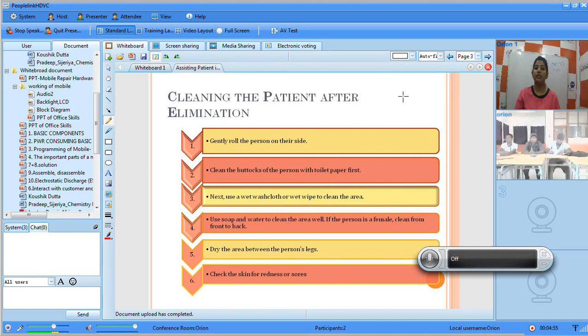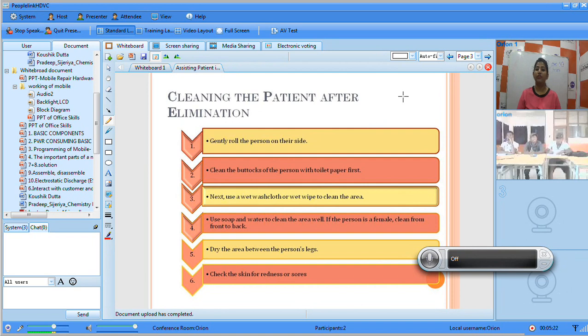Because as a GDA person, general duty assistant, you also have to take care of yourselves. So before touching any patient, in order to not contract any kind of diseases, please be sure that you put on your hand gloves.